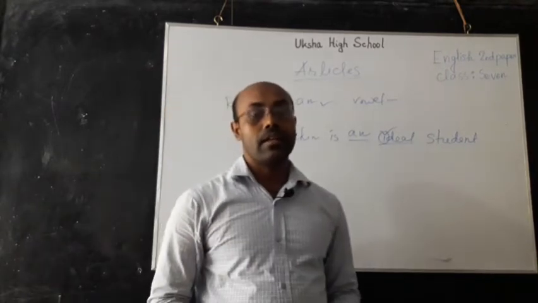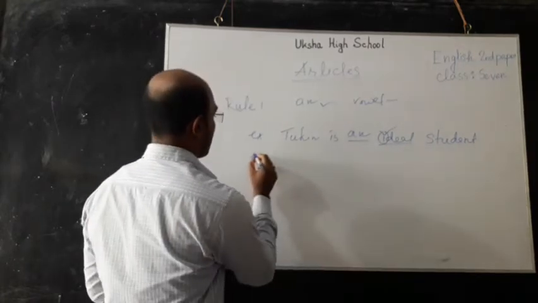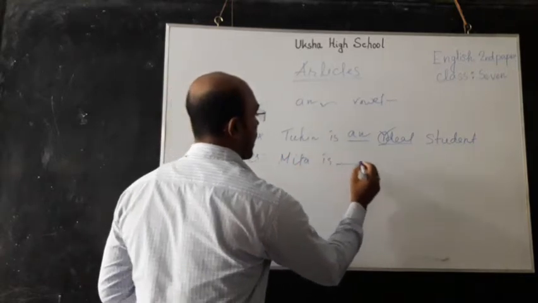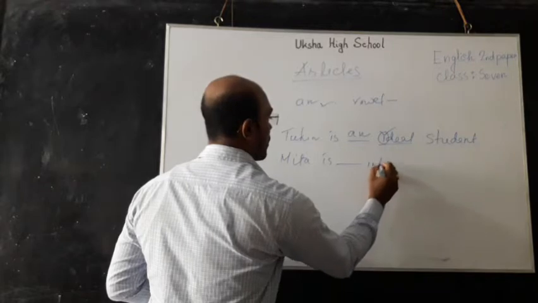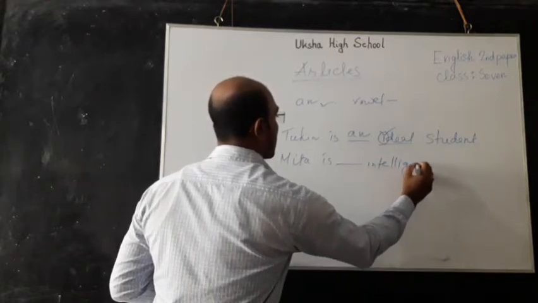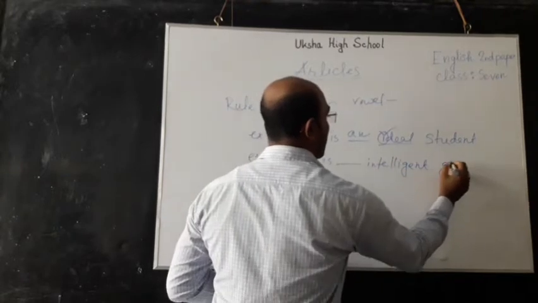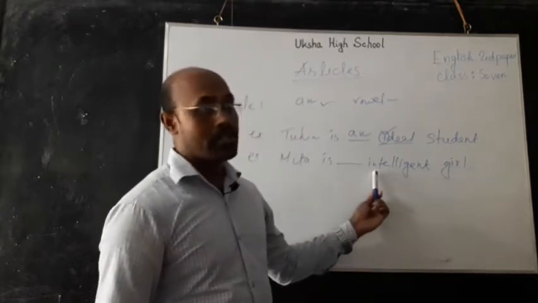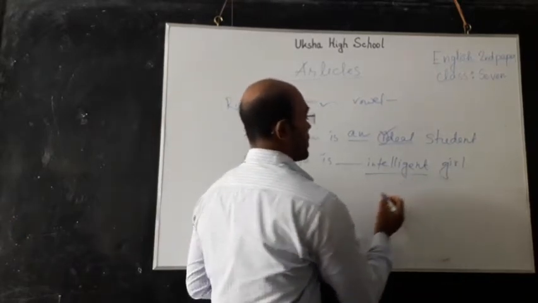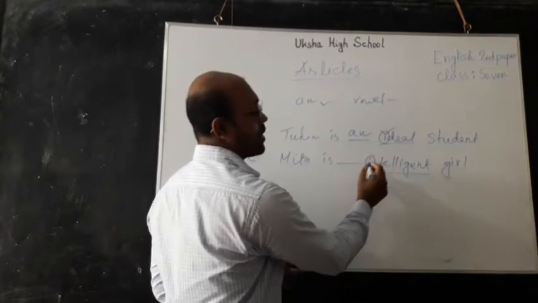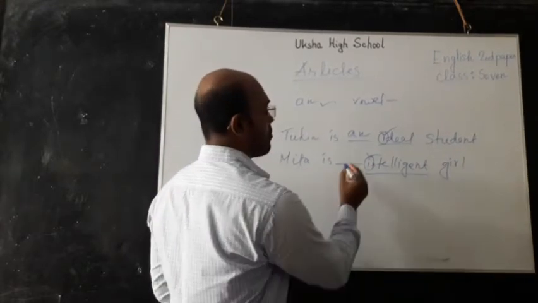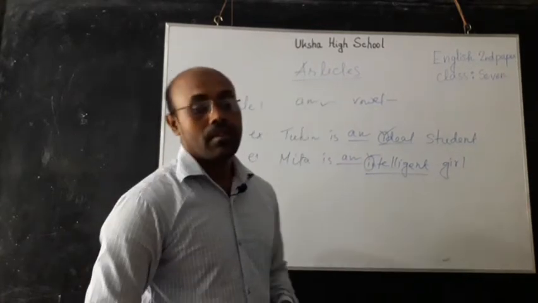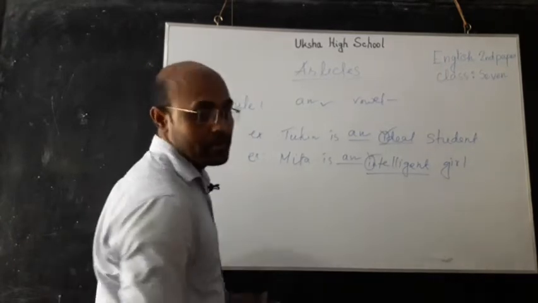I am giving another example. Mita is a gap intelligent girl. Dear students, look here. Intelligent. This word begins with the vowel I. So you have to write an. I am giving another example.